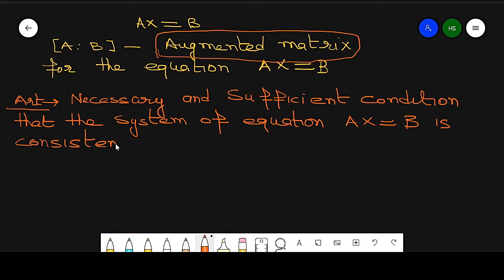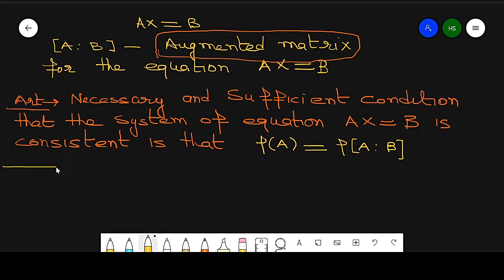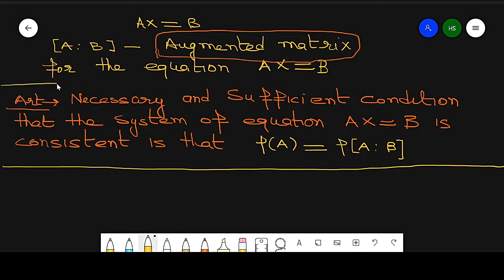Consistent means it has a solution. The condition is that the rank of matrix A is equal to the rank of the augmented matrix A with B. So if the rank of A and the rank of the augmented matrix are equal, the given system of equations is consistent, it has a solution.